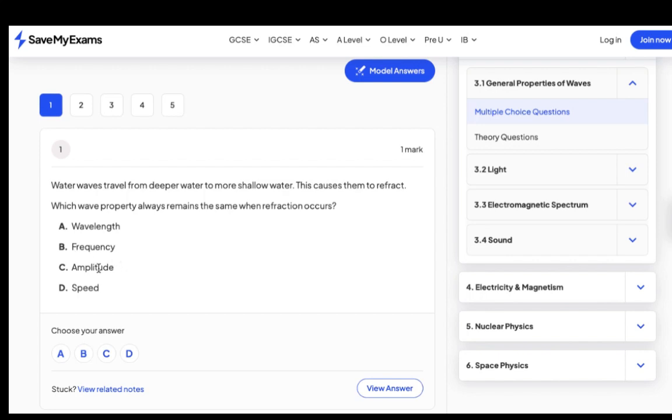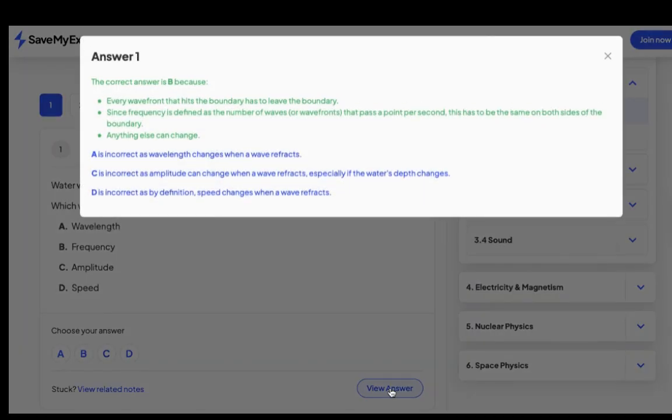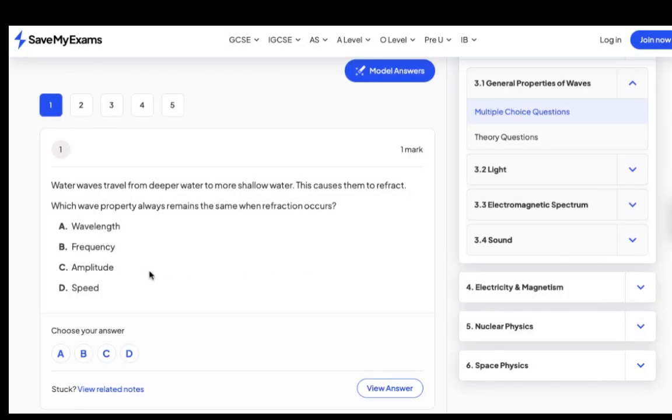Is it frequency? Is it amplitude? Yes, frequency. Which wave property always remains the same when refraction occurs? Frequency will remain the same. Wavelength will be different.